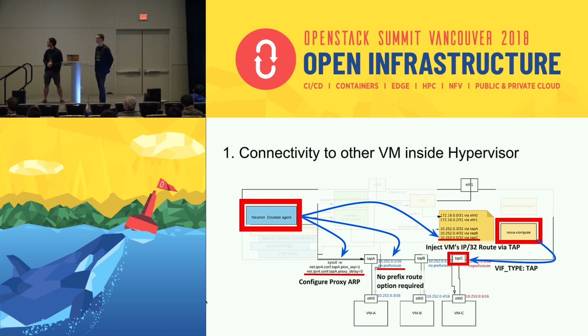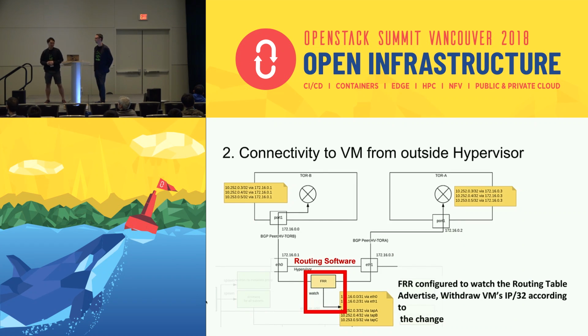And the last thing is this L2 isolated agent injects the VM's IP/32 static route to the routing table so that the hypervisor can do L3 forwarding between VMs. This logic enables the VM to access the other VMs inside the same hypervisor.